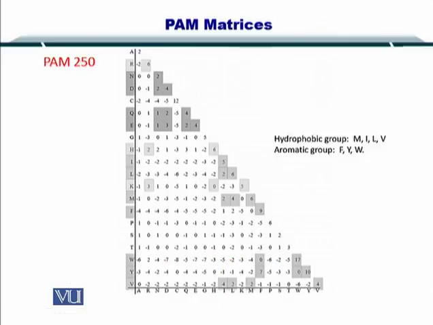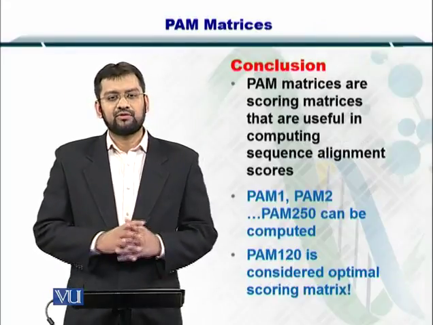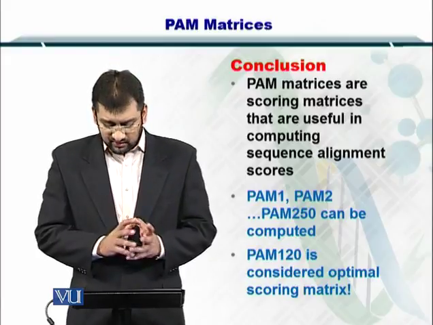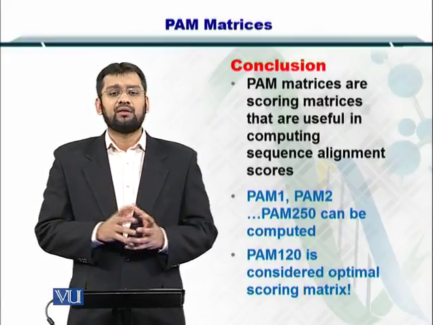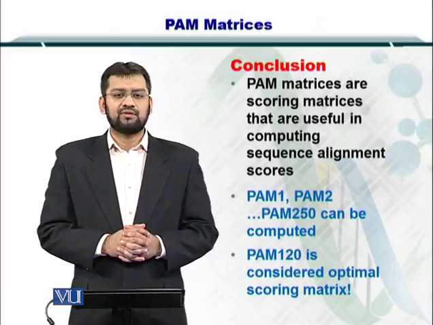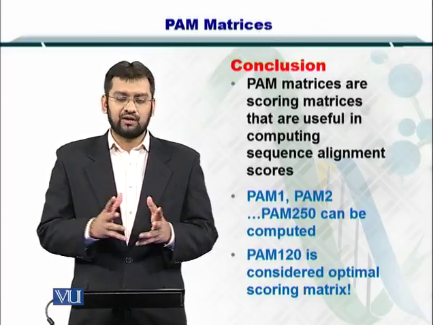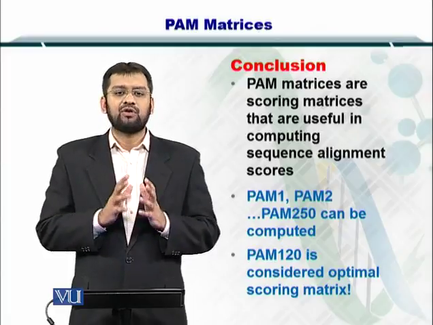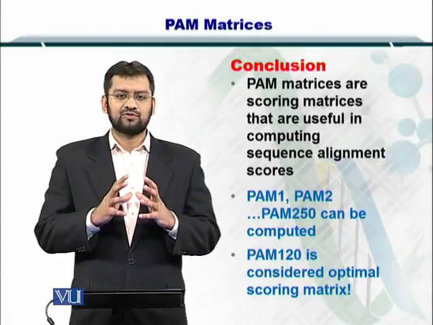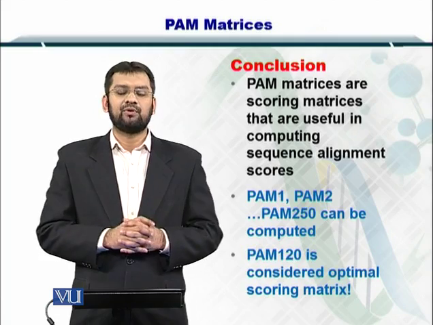And this is what you get if you multiply PAM1 by itself 250 times, and you get the substitution matrix like this. So in conclusion, PAM matrices are scoring matrices that are useful in comparing and scoring protein sequences. You can compute PAM1, PAM2 and so on till PAM250 and even more. And PAM120 is considered to be the best choice for comparing similar protein sequences.